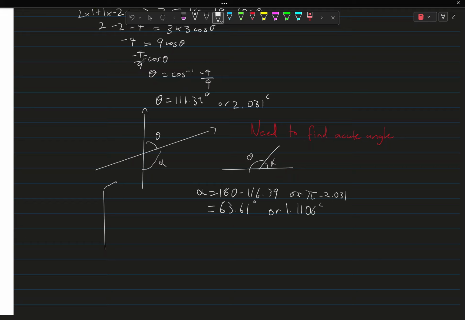It would go on both sides, and the line between it would have one angle and then the other angle.